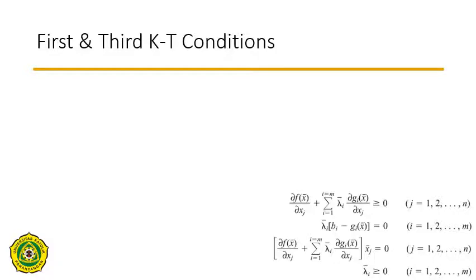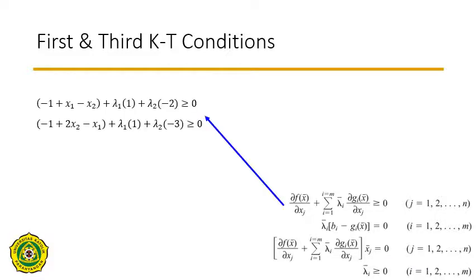So far we have completed the formulation of the K-T conditions for the first condition. With respect to each variable that we have, x1 and x2, these are the 2 inequalities that we have. Because later we will solve this problem using simplex algorithm, we need to convert this into standard form.